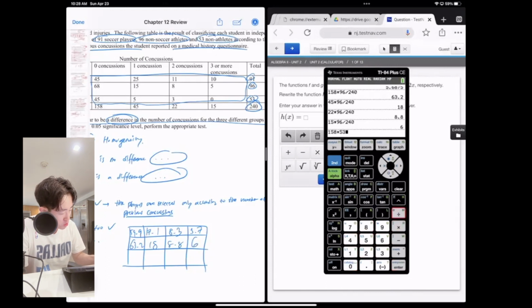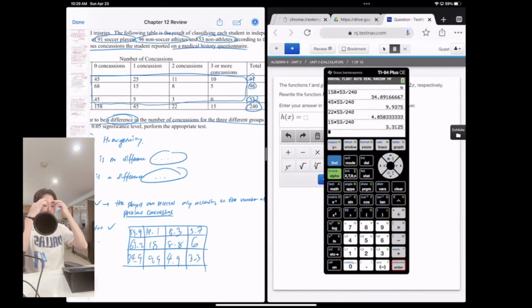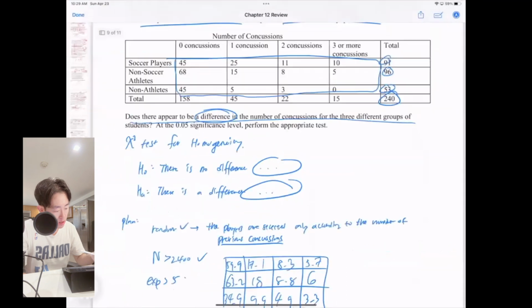158 times 53 over 240, 34.9. 45 times 240. Oh, I'm sorry, 45 times 53 over 240. That's 9.9. 22 times 53 over 240, 4.9. 15 times 53 over 240. All right, so that's 3.3. Okay, so it seems like we clearly have a number.